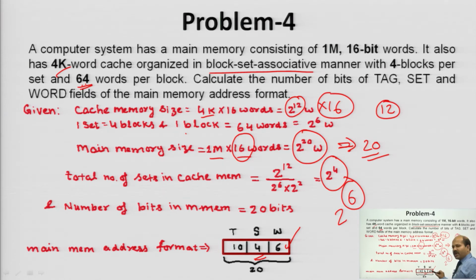So, 6 bits will be given to the word part and 4 bits to the set part, and the remaining bits out of the 20 bits of the main memory address go to the tag. So, 20 minus 4 plus 6, that is 10, so 20 minus 10 becomes 10. So, 10 bits will be given to the tag. This way we can solve the next problem.